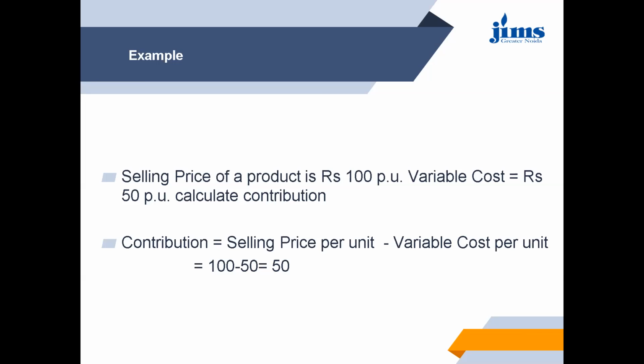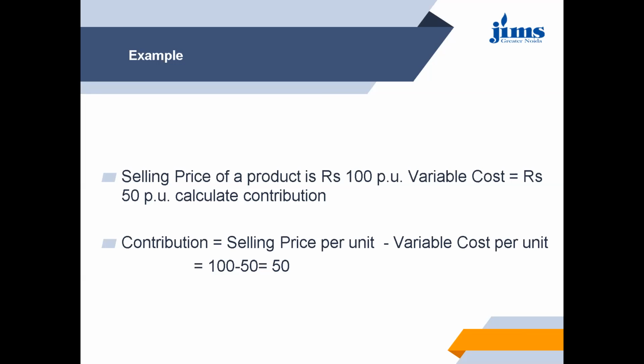In the question, because the per unit value is given, we'll calculate the contribution per unit. The formula to calculate contribution is sales minus variable cost. Here, instead of sales, selling price per unit is given. So, we take selling price as 100 rupees and variable cost as 50 rupees, and we get a contribution of 50 rupees.